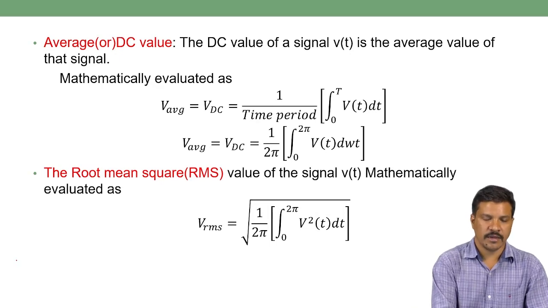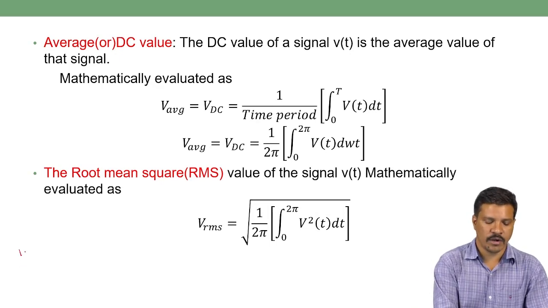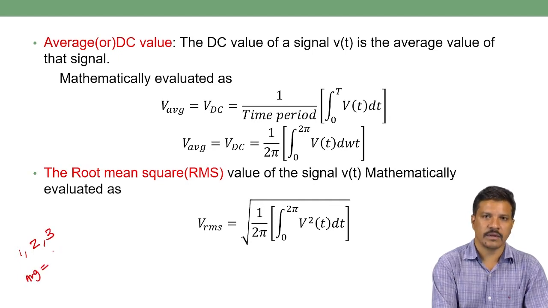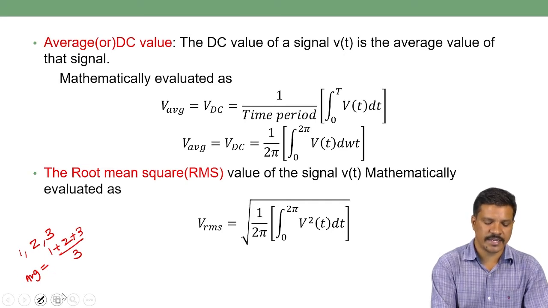If you consider discrete points like 1, 2, 3, what will be the average? Average is equal to the sum of these points divided by the number of counts. Similarly, here it is a continuous set of instantaneous values of the signal, an infinite number of instantaneous values.